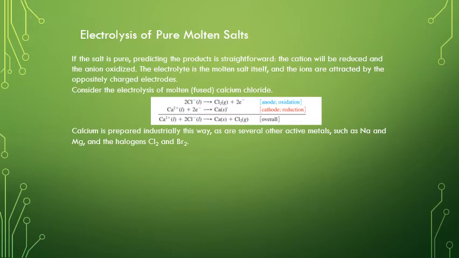So the cathode is undergoing the reduction, and that gives you an overall process of Ca2+ as a liquid plus 2Cl- as a liquid, forming Ca as a solid and Cl2 gas. This is one of the most important processes we have to prepare your very active metals such as calcium, magnesium, sodium, and a lot of your halogens, chlorine and bromine as well.